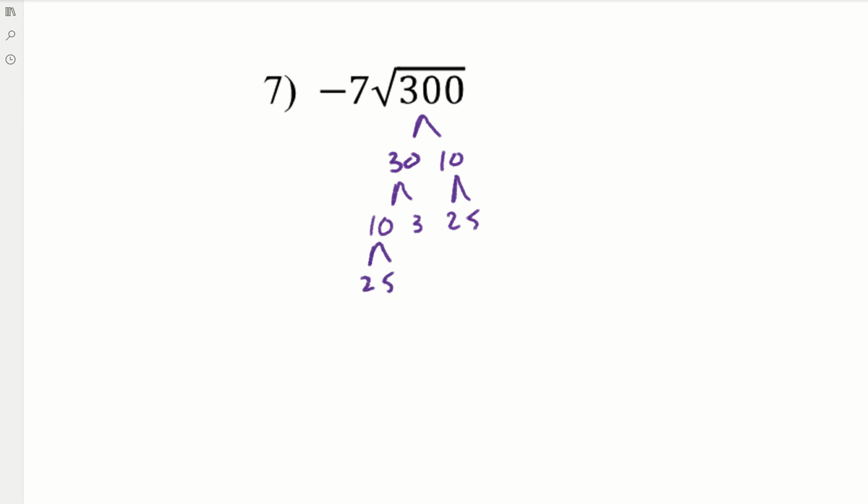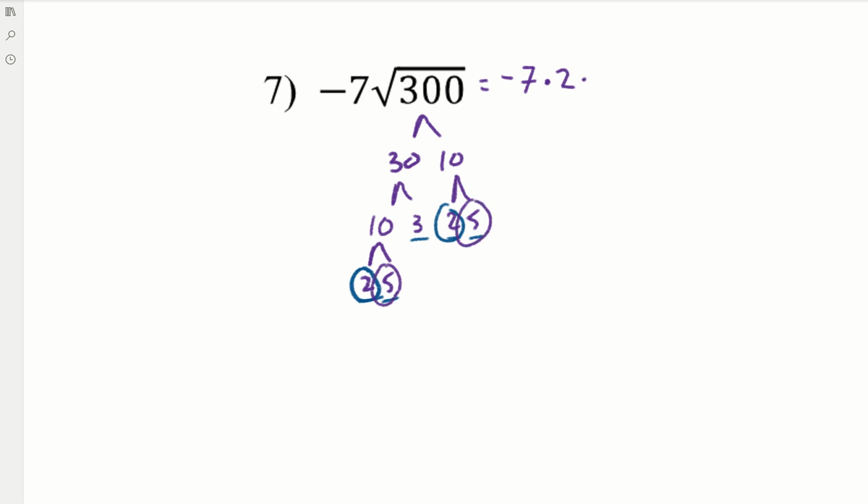So now at the end of the branches, I have all prime numbers. Each of these, 2, 5, 3, 2, 5, are prime numbers. Anybody that has a pair gets to be removed from the radical. But the -7 is already living outside there. The 2's have a pair, so the 2 gets to factor out of the radical.